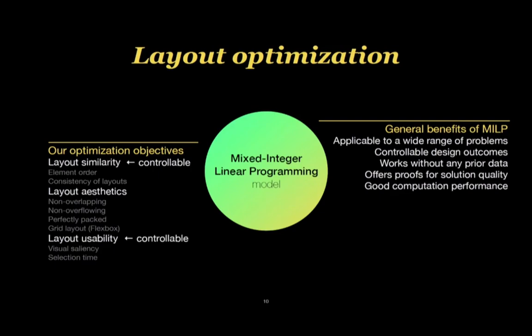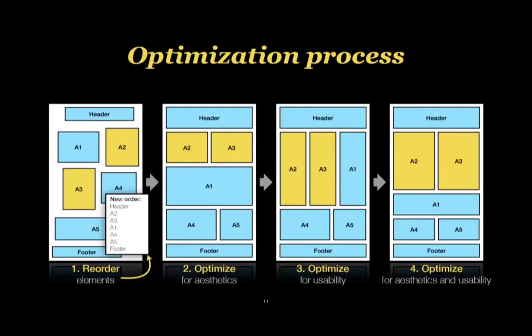For this model, we created several objectives. One is for layout similarity, one is for aesthetics, and one is for usability. Some of these are also controllable by the designer or the end user. Here is the optimization process, which consists of four different steps.